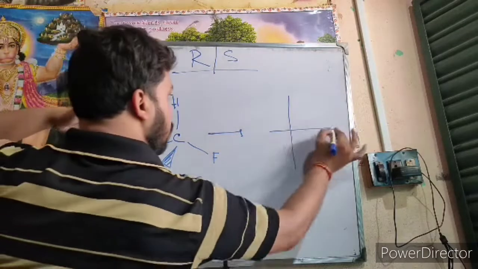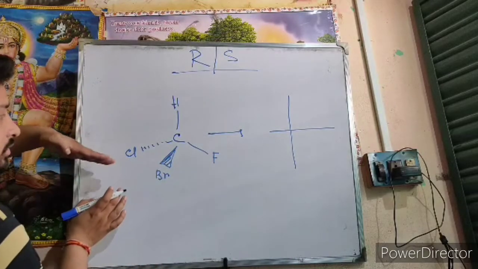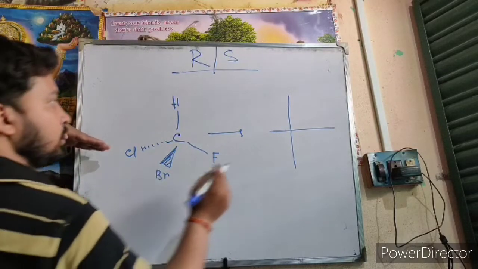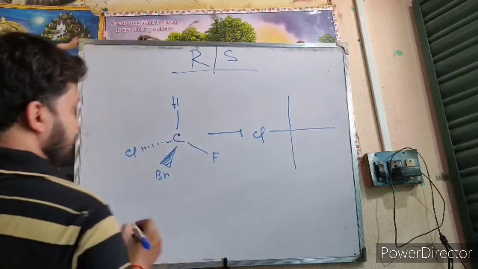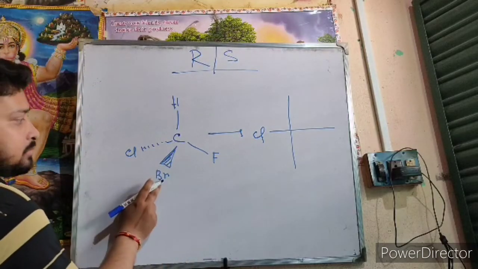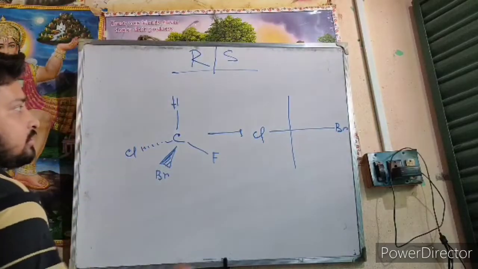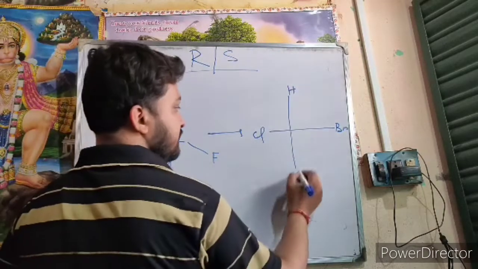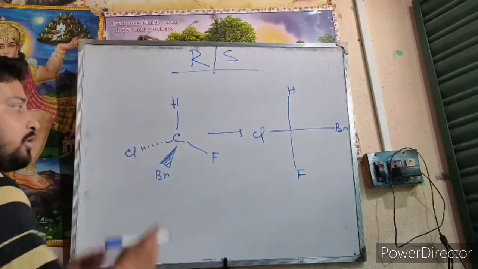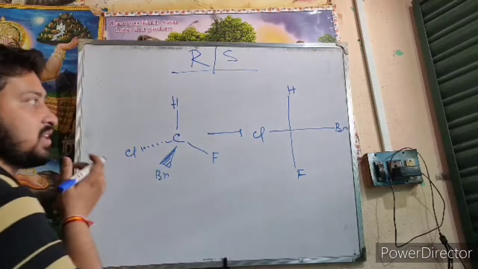If you want to convert it so that Cl is on the left hand, you write it on the left side, and this product on the right side, as well as H and F. So you convert it like this.